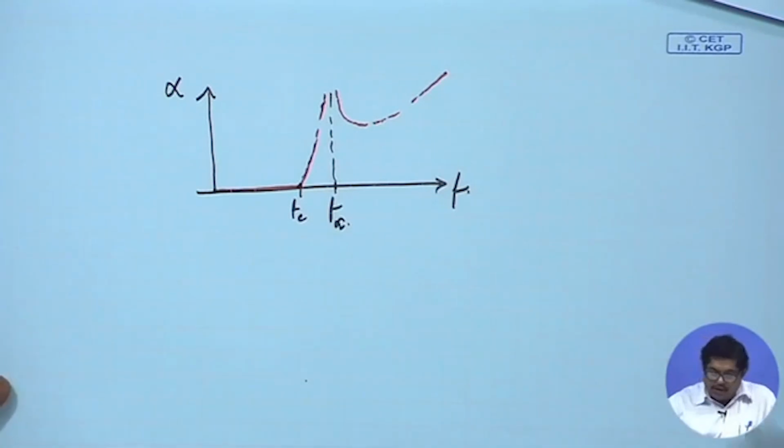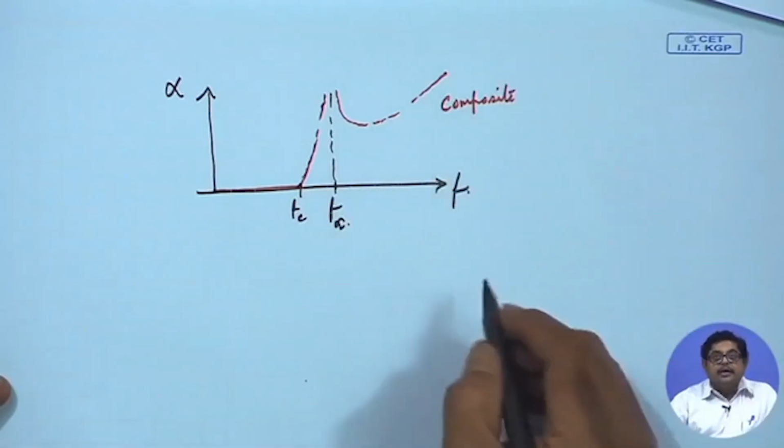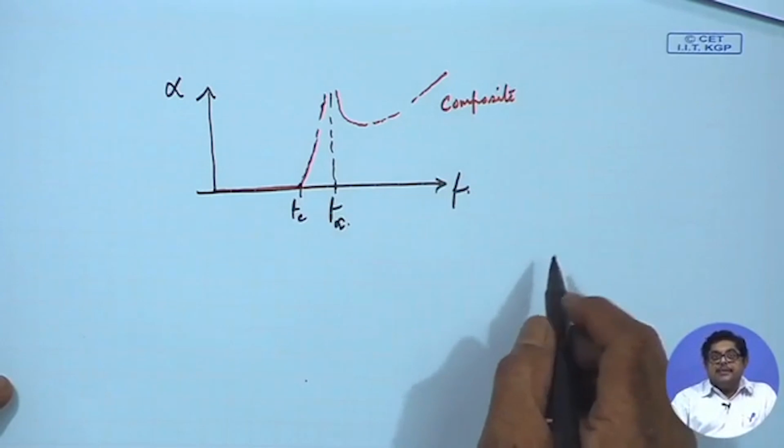So, this is called composite of m-derived in cascade with a constant k.